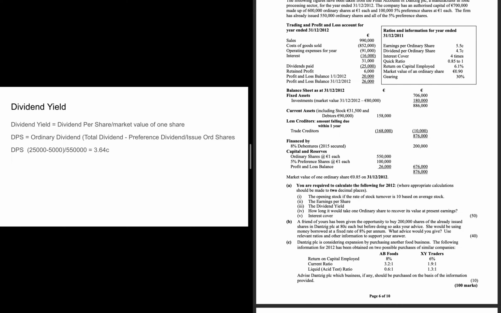So multiply that by 100, you get 3.64 cent. That's dividend per share, sorry, cent. Dividend yield then, I didn't change that. Sorry, that should say 3.64 over 85. I took that number from the last question. So that should be 3.64 divided by 85 multiplied by 100, which is 4.28.